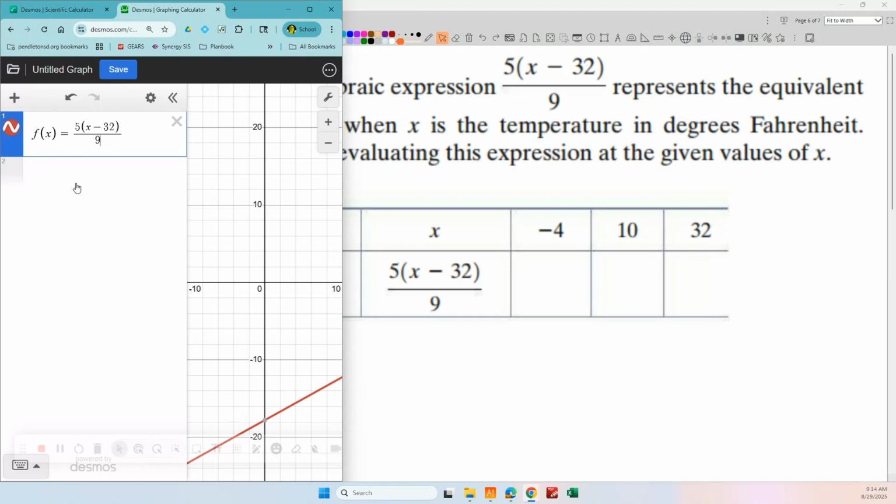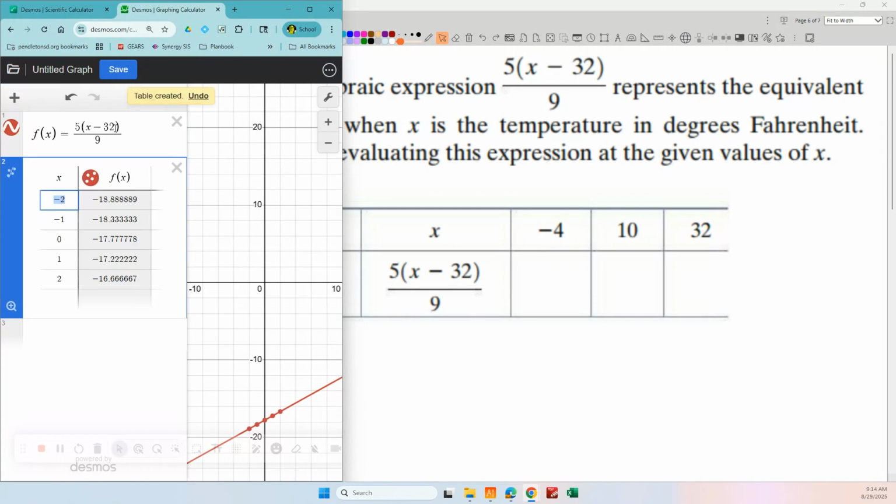And what if I want to put in a whole bunch of values? Well, there's a really good option here. I can click on the gear and look at that little table option right there. That's pretty good. If I create a table, then it's giving me the opportunity to put in a whole bunch of input values and just create the output values in the context of a table.